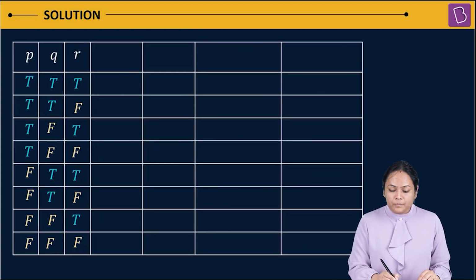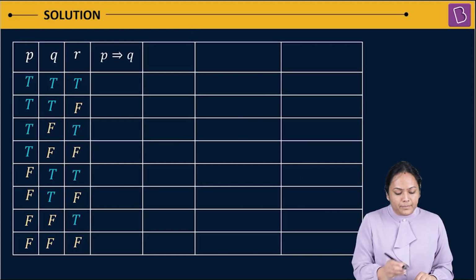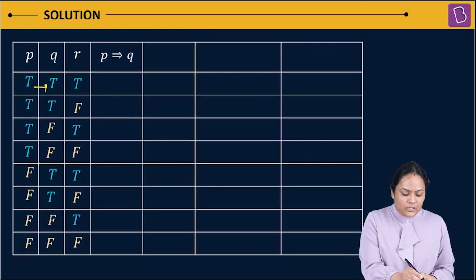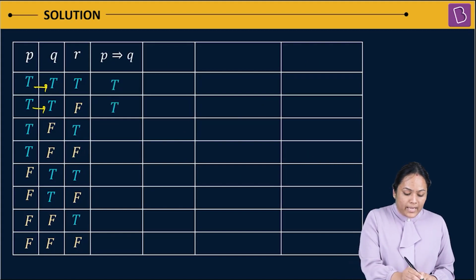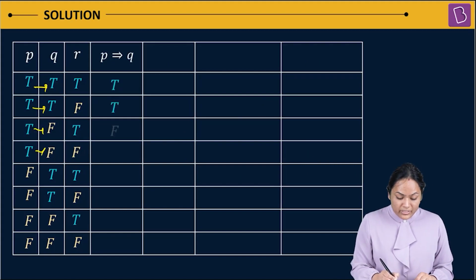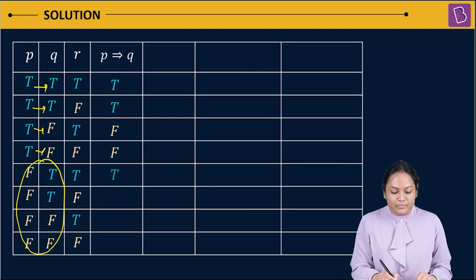Moving further, let's say I have found out P implies Q. So P implies Q, we have already seen it's T implies T, always will give me T. When I have T implies F, it's going to give me F. The rest of the four cases will definitely give me T, right? Perfect.